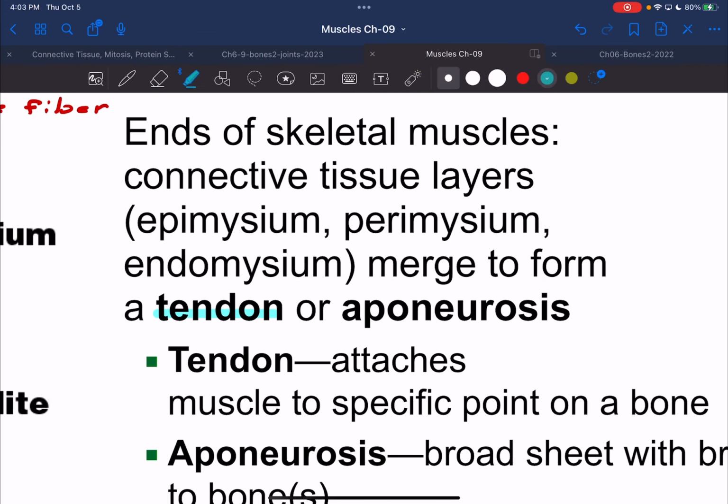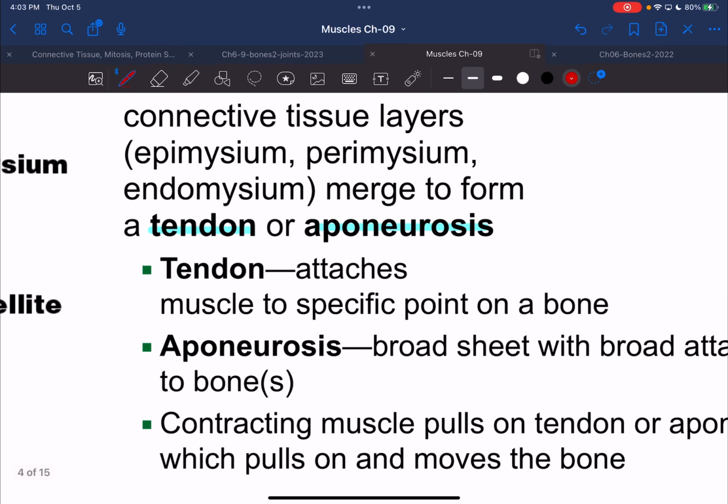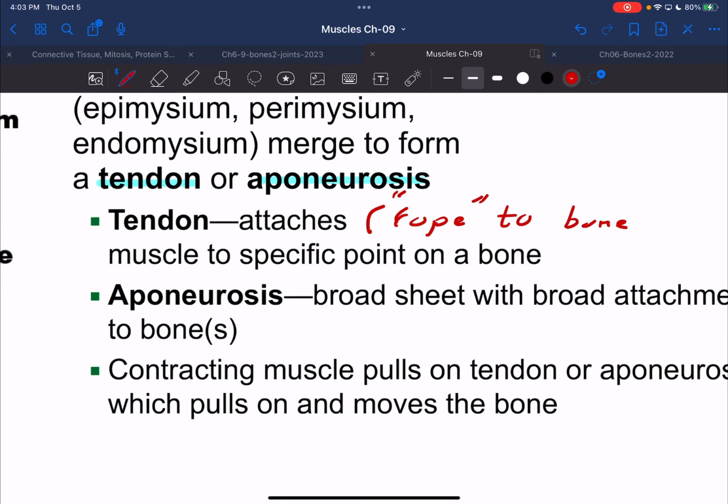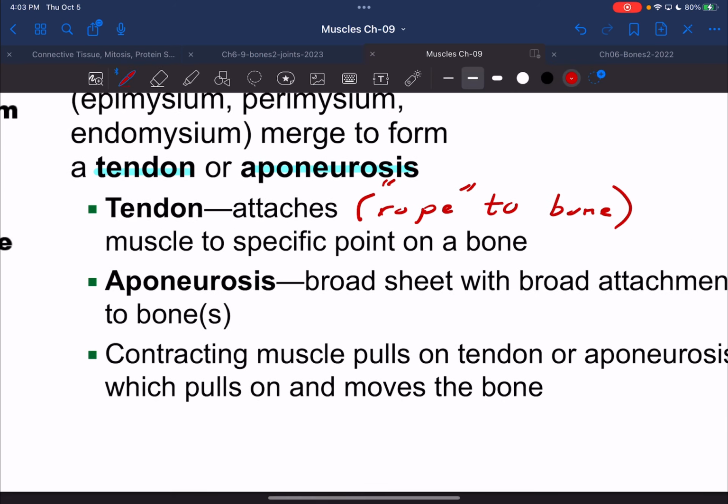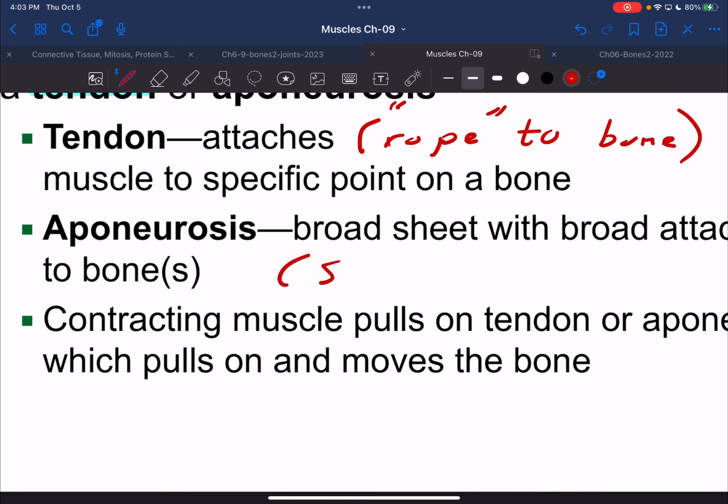You'll also see the word aponeurosis, and a tendon is like a string connection, like a rope. I'm going to put rope instead: a rope connection, rope to bone, so to speak. I'm putting it as an expression because it's not the best way, but it's the easiest way to think about it. Rope to bone. And then aponeurosis is like a sheet.